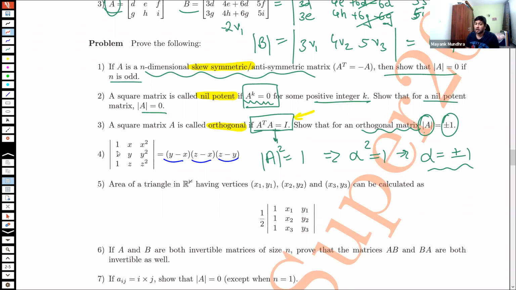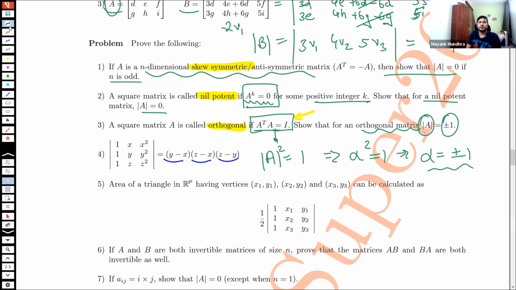Or if you are not very comfortable with it, you can take the transpose of this matrix, 1 1 1, x y z, x square y square z square, and then do your usual multiplication and get the answer. So that's straightforward.